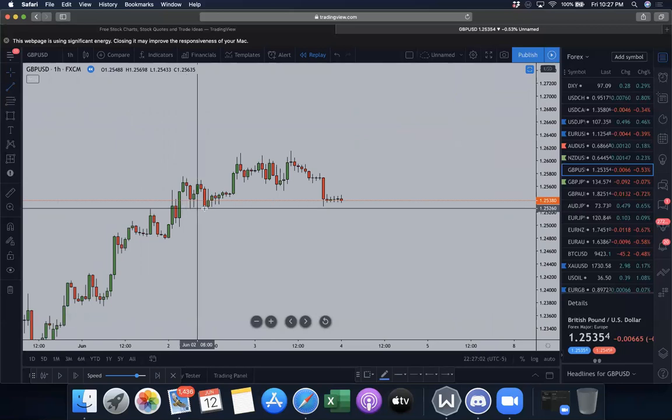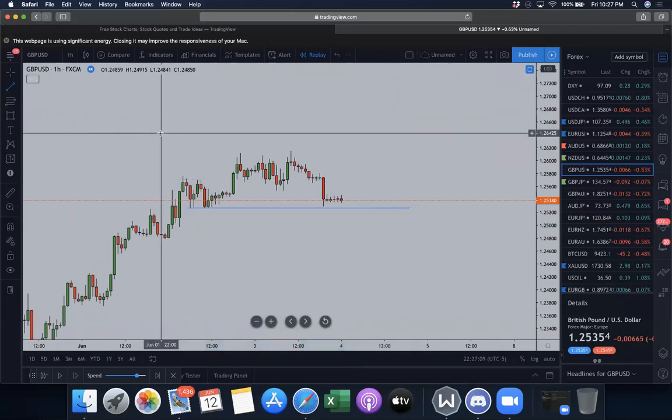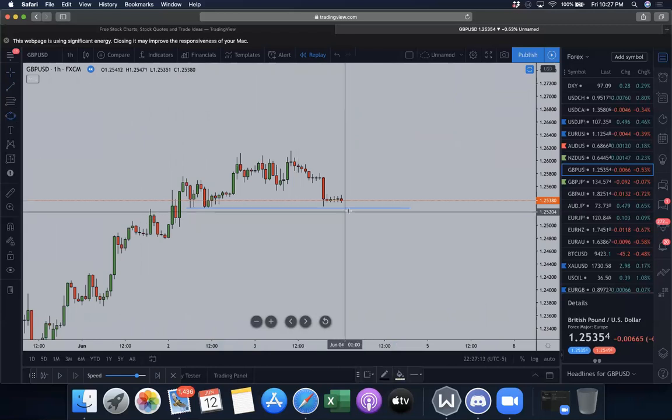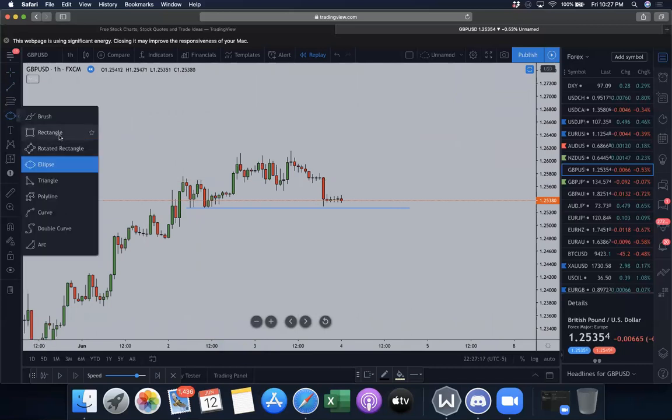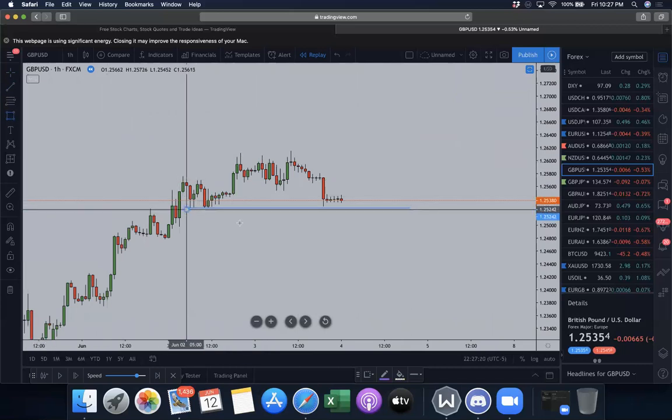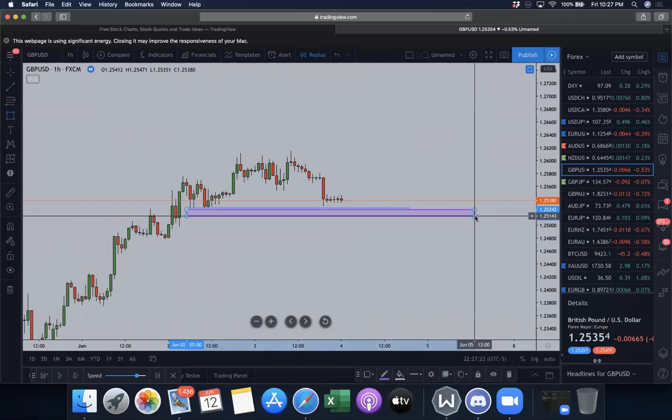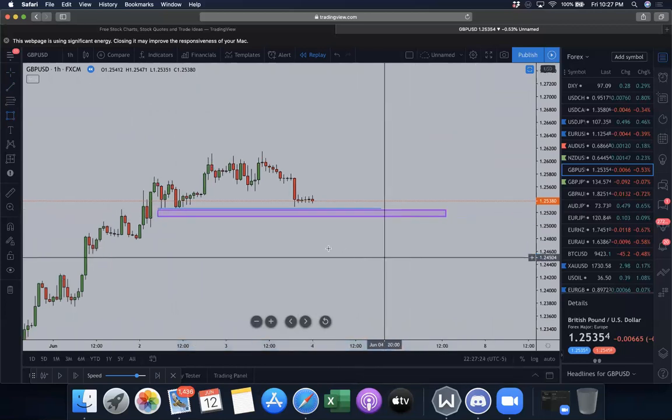There's 1, 2, 3, 4, 5 wicks right there. You'll see that 5 equal lows. Now, what's below equal lows? Sell stops, sell side liquidity. Under here, so if I just draw a box, under these equal lows is going to be liquidity.